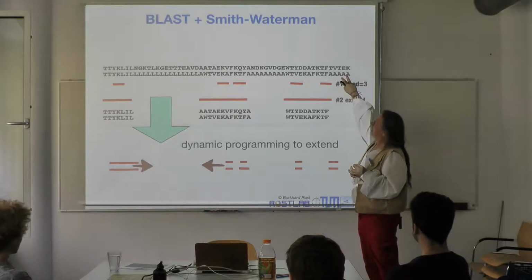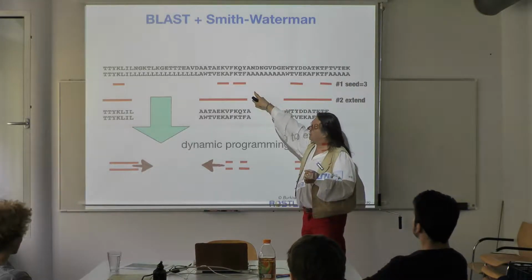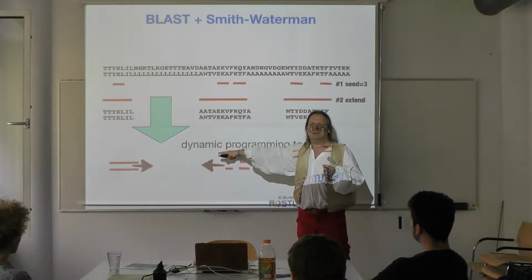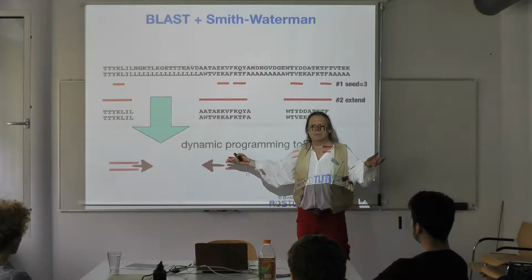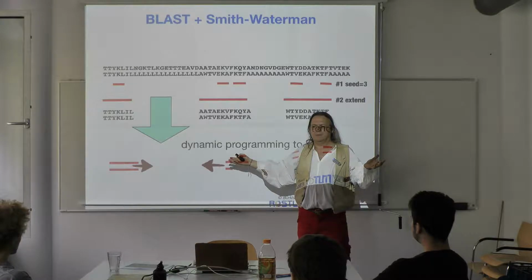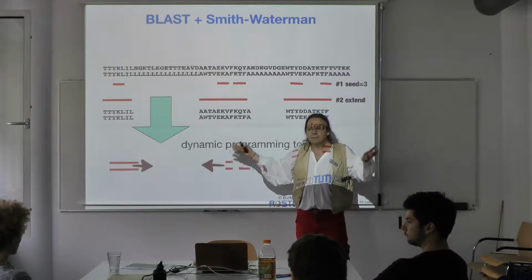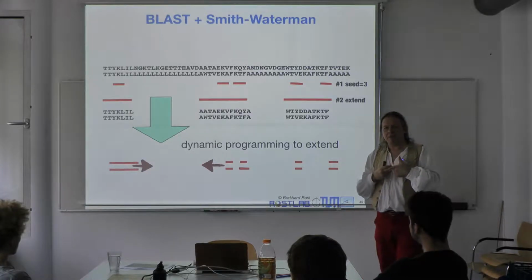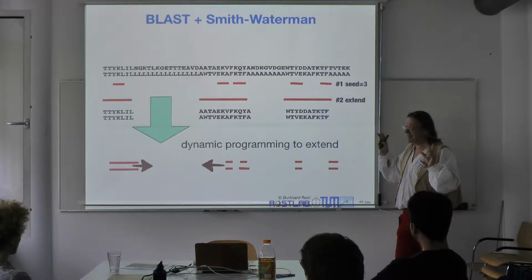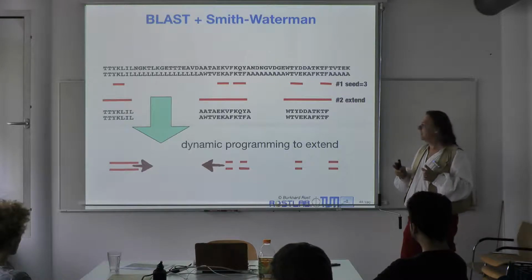Now, I say that we do the fast hashing and then we are back to dynamic programming. Why did we do the whole thing if we're back to dynamic programming? What's the big gain? Because the fragments are much shorter and so it's much faster. The dynamic programming is an algorithm that is proportional to the square of the length, not to the length. That's the main point here.